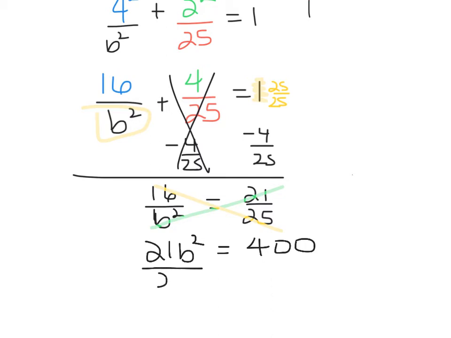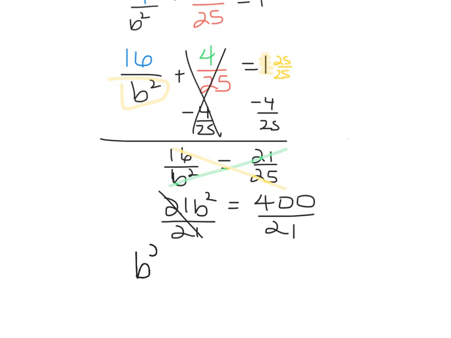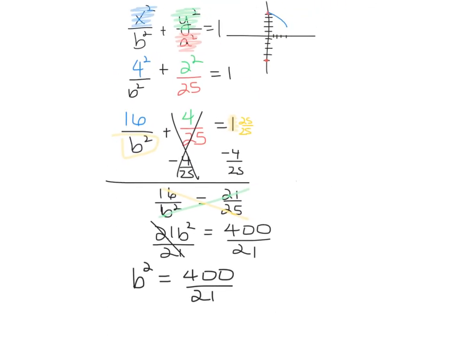I'm going to divide by 21, and I get b squared is equal to 400 over 21. Again, remember, I'm trying to find b squared. I don't need b because I'm trying to get the information to plug it into this. So I'm not going to square root it.